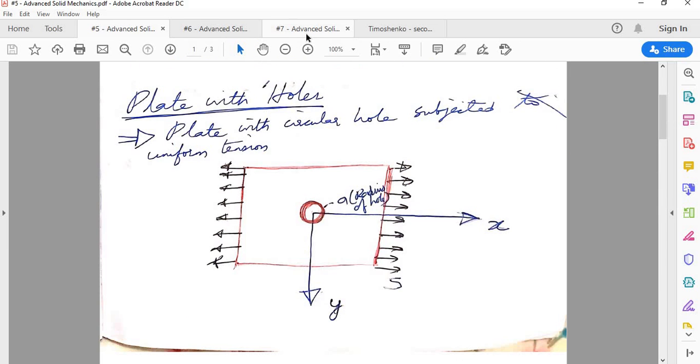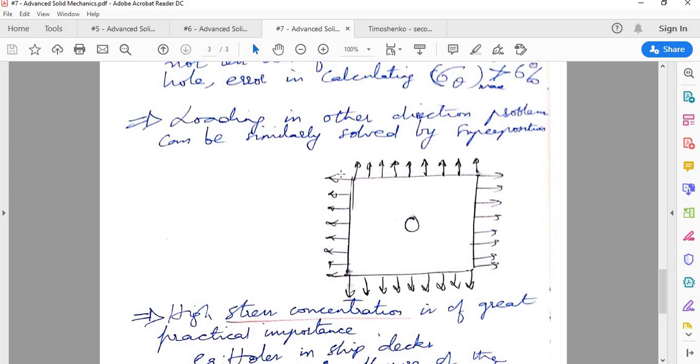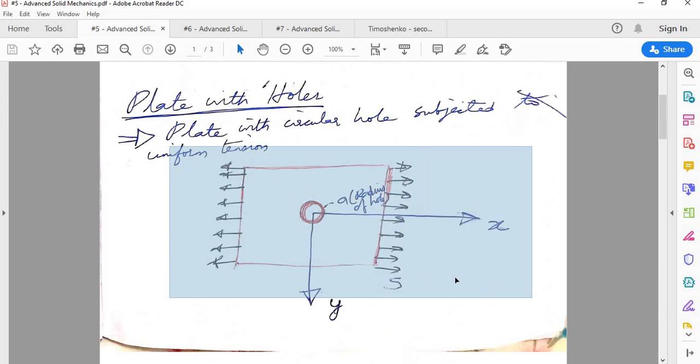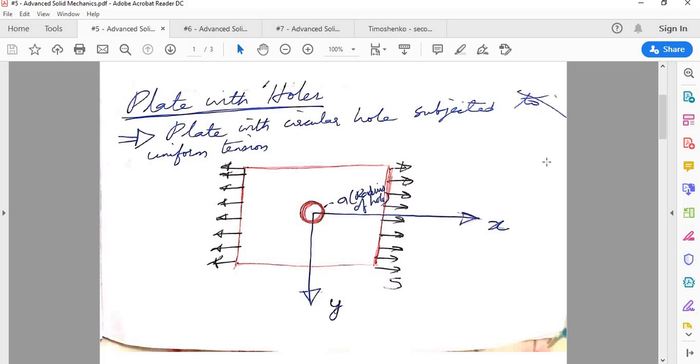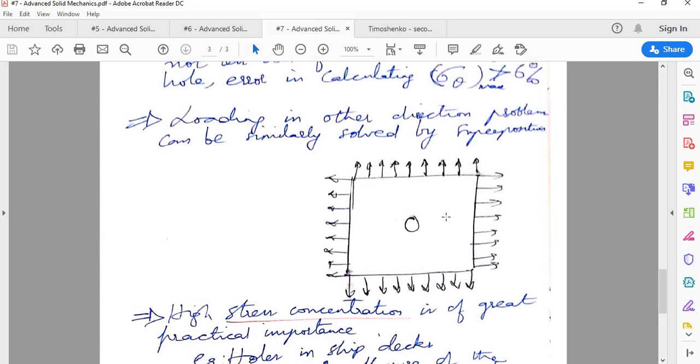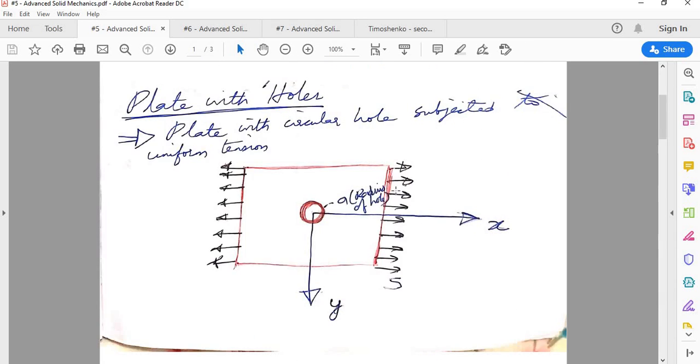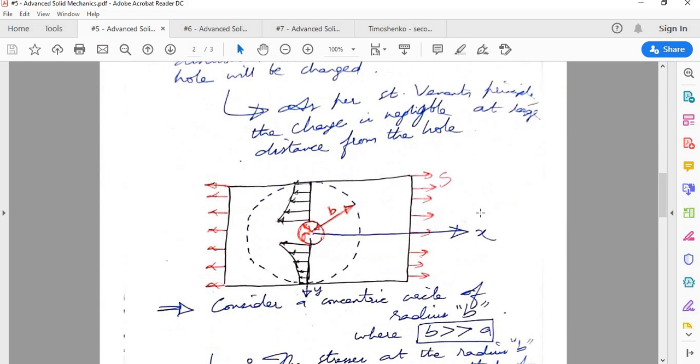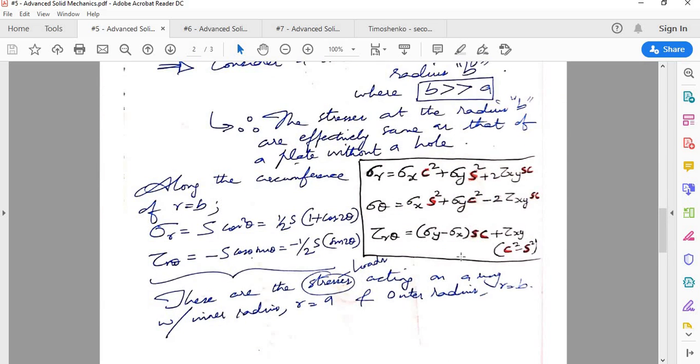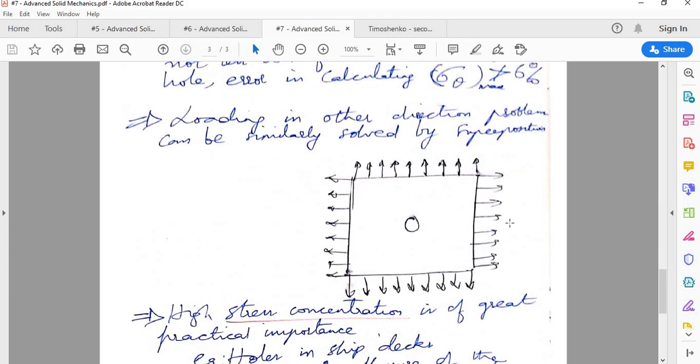So you can solve it as the sum of this plus another plate with stresses along the y direction. Again it is using the principle of superposition. Just know how the derivation proceeds, that's all.